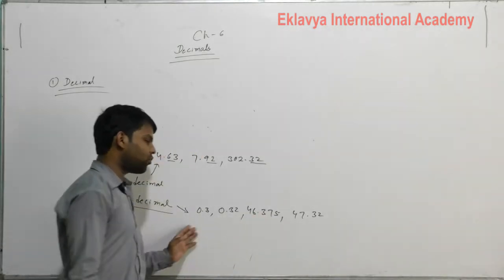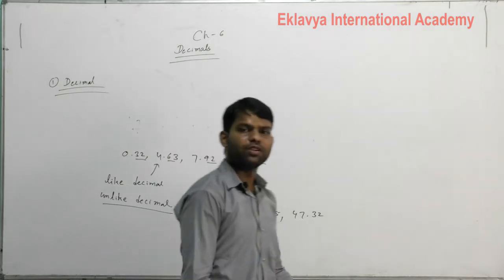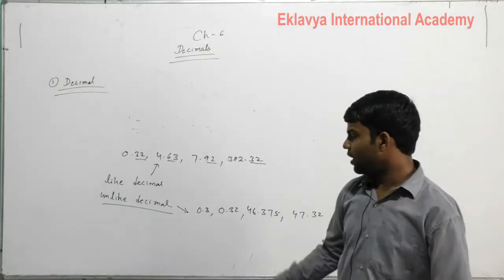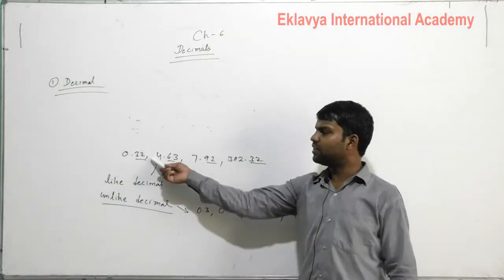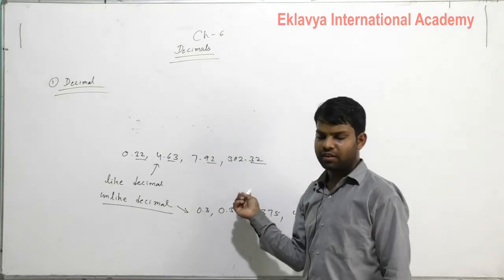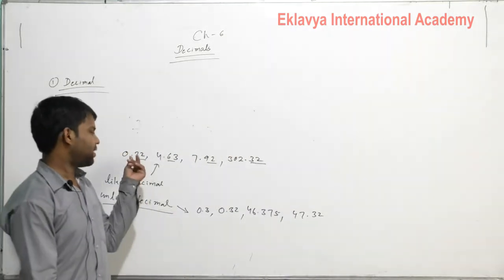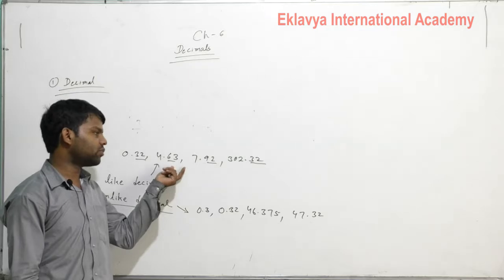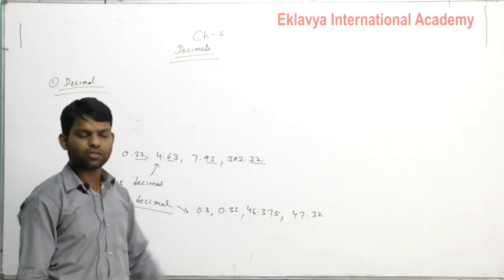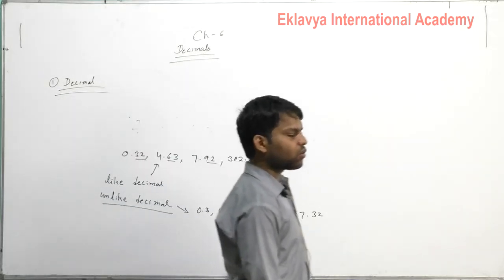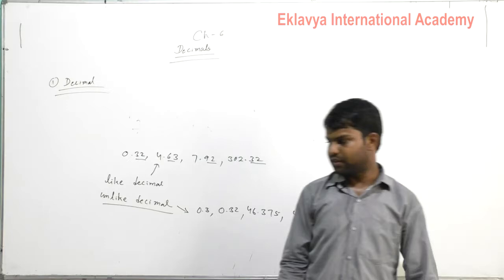So in these 4 numbers the place values are different, so these are unlike decimals. In these other numbers the place values are the same. Here also 2 place values, here also 2, here also 2, and here also 2. Then these are called like decimals.